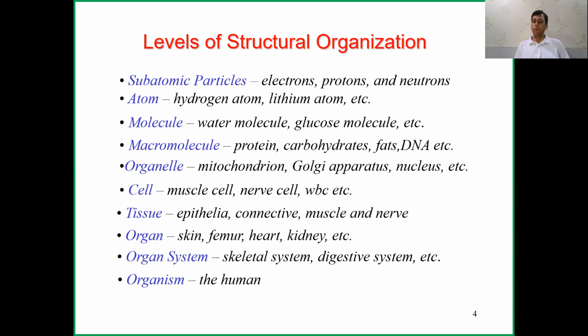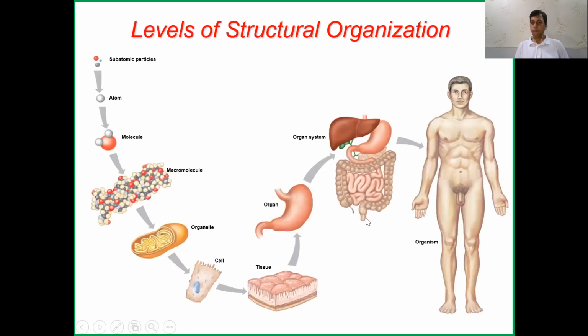So how is our body made up? The fundamental unit of our body is the cell. If we want to know about ourselves, how our body is made up and how it is functioning, we know our body is made up of cells.